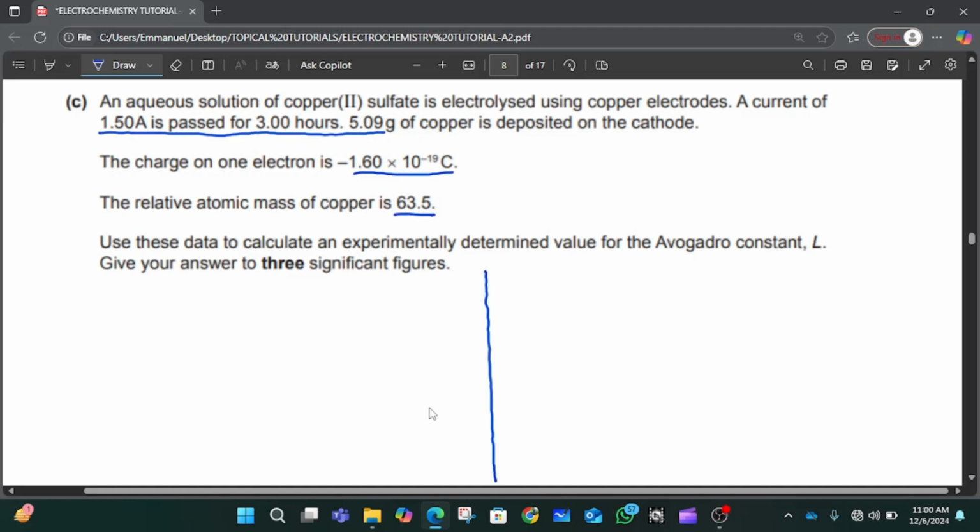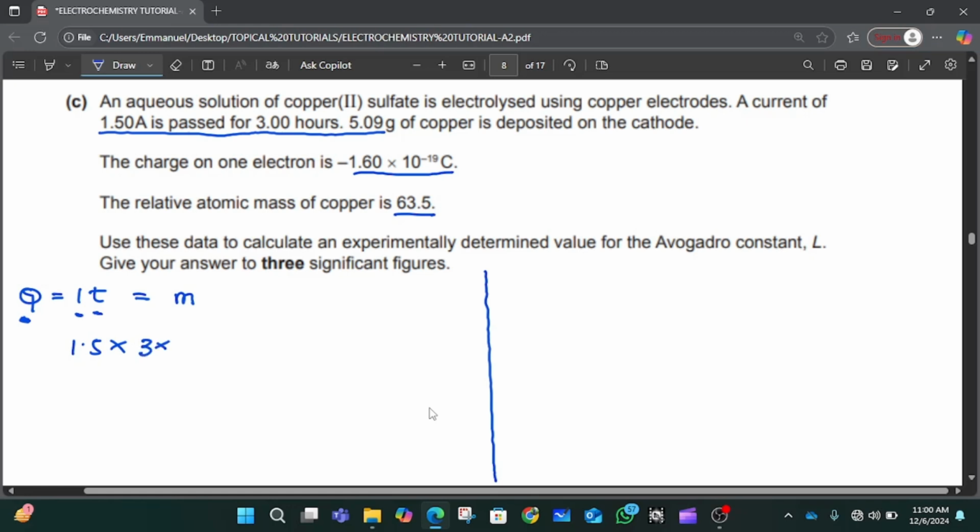To solve this question, we use two equations. The first equation is Q = IT. So this is the quantity of charge, current, and time, and this is equal to the mass of copper deposited, M. The current is given as 1.5 amps times the time, which is 3 hours, but we convert 3 hours to seconds.